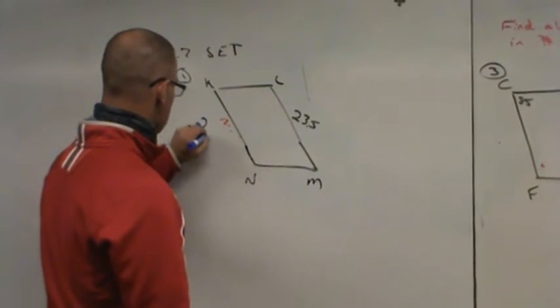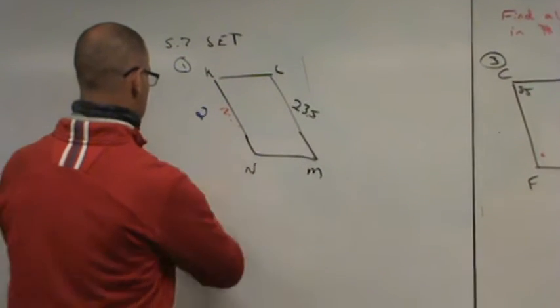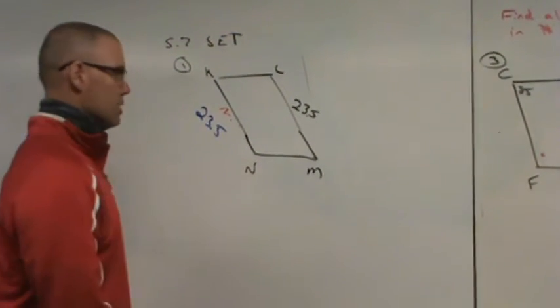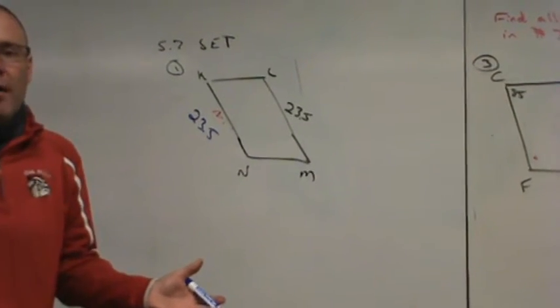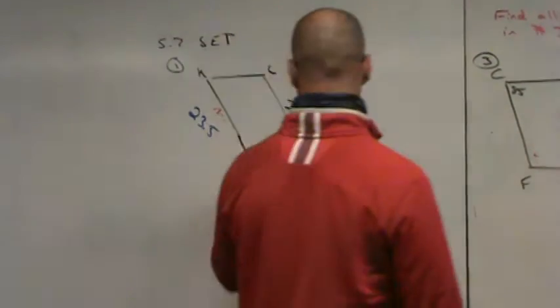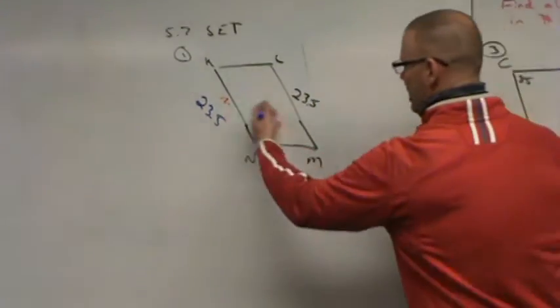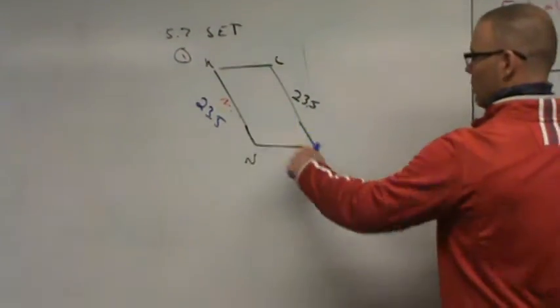Most everybody says 23.5, which they're absolutely right. It is. But we need to come up with a justification as to why. Keep it simple. Don't overthink why these 2 sides are the same.